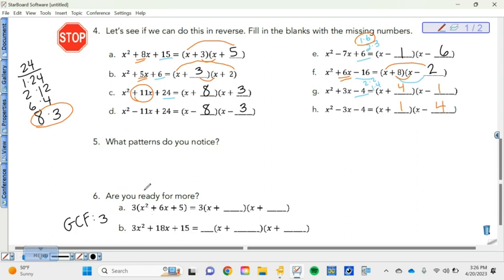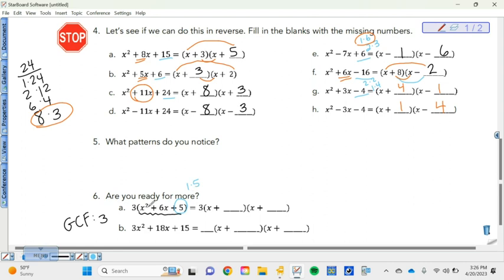When we notice that something has a greatest common factor, we can factor it out first, and then we only have to factor the inner part, the part that's in parentheses. So again, same kind of thing as before, but I just look at x squared plus 6x plus 5. I look at that last number: what two numbers multiply together to get to 5? 1 and 5.